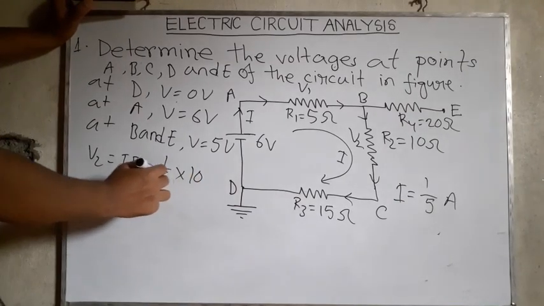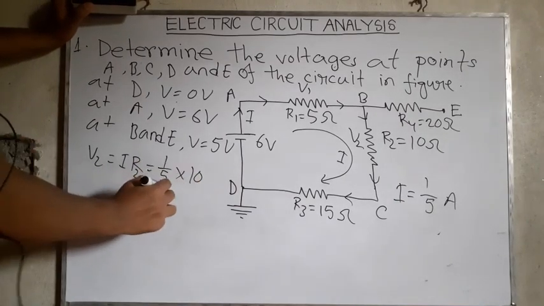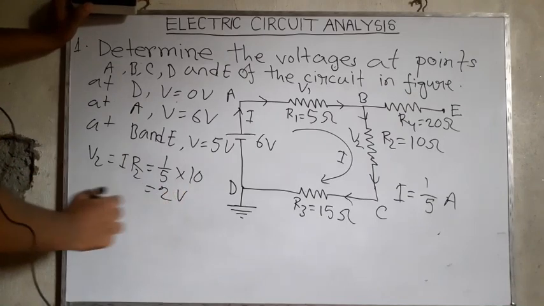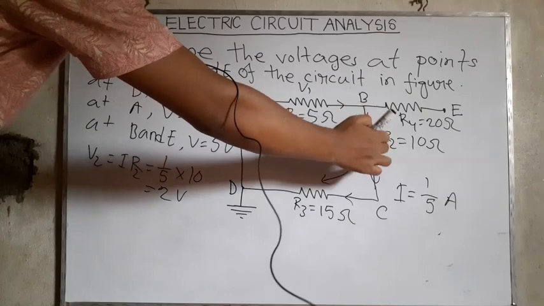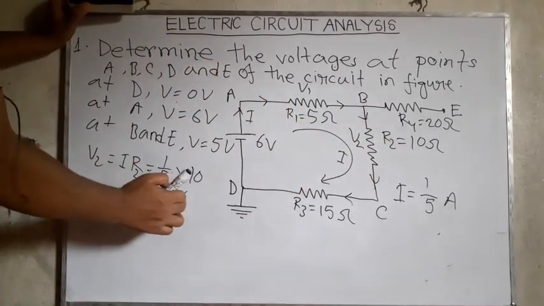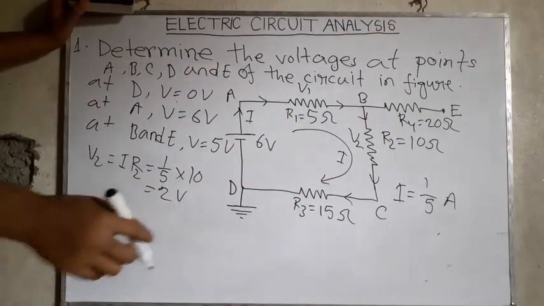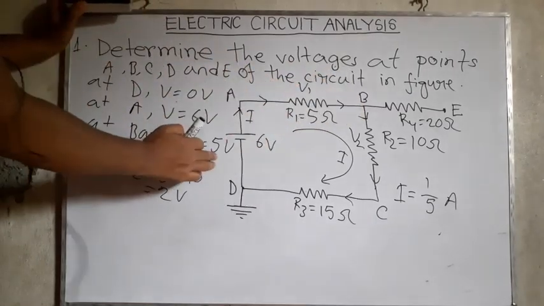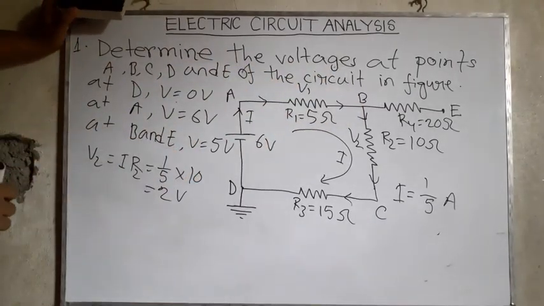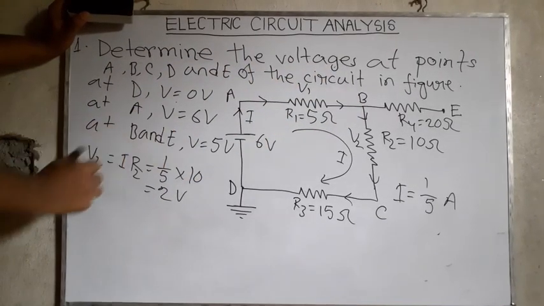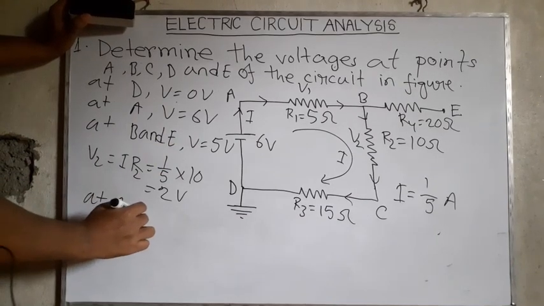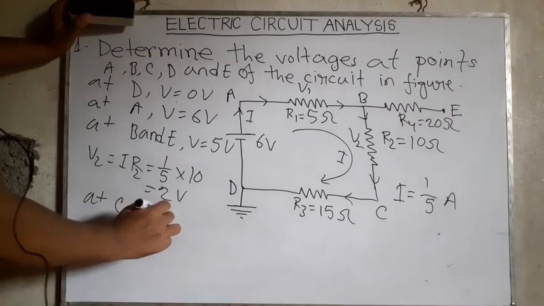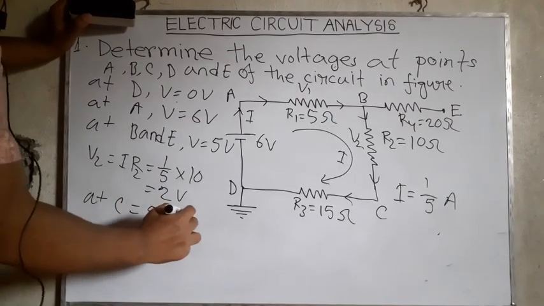Therefore, we can write it as 2 volt. That is, the potential drop across the resistance R2 is 2 volt and the potential at B is 5 volt. Therefore, the potential at C is equal to 5 volt minus 2 volt.